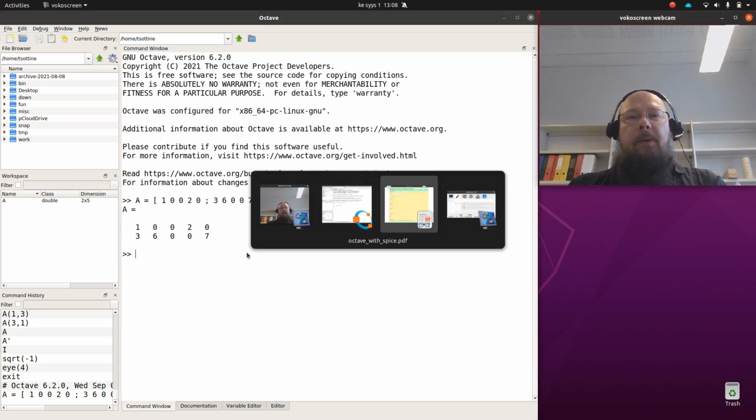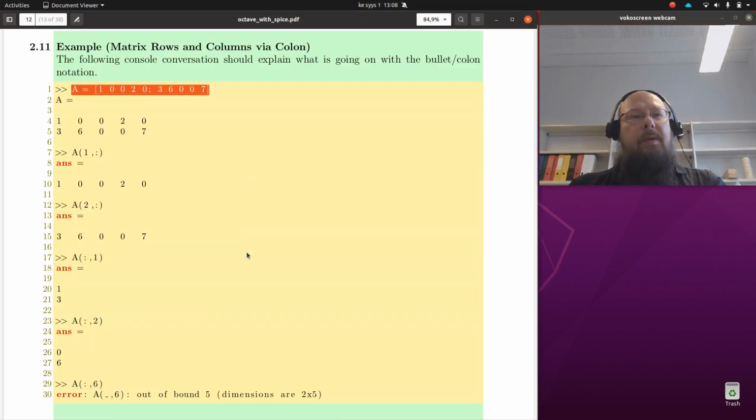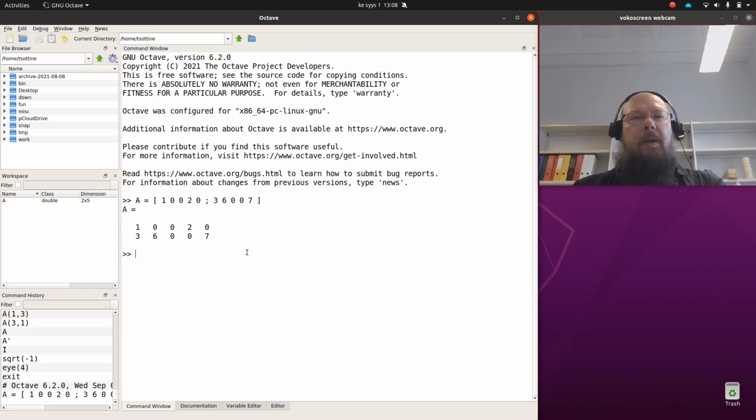Let's see what we have in this example. First, let's look at a little bit of its rows. What would be the first row of it? A of 1, so this is the ith row, i is 1 in this case, and a comma separating rows and columns, and then for columns I put the colon there, meaning that, in the bullet notation, columns run free.